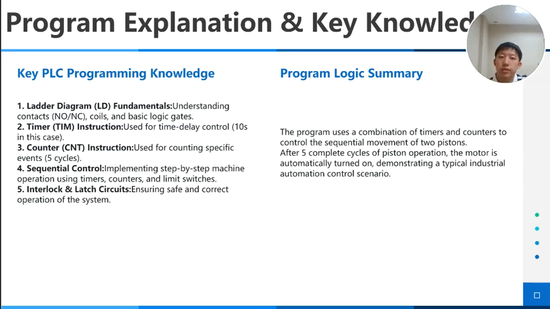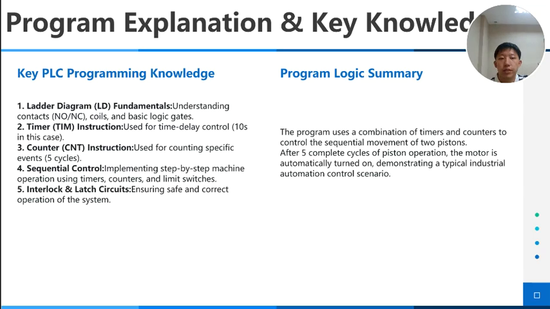To summarize the key knowledge from this experiment, we covered the fundamentals of ladder diagram programming, including contacts and coils. We learned how to use the TIM instruction for time delays and the CNT instruction for counting events.